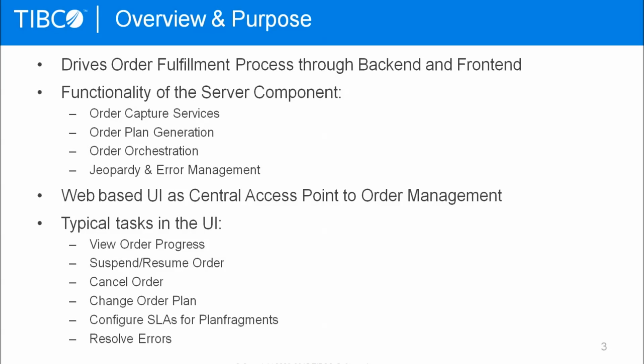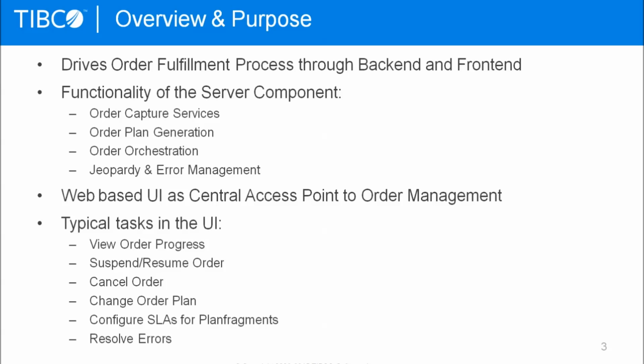The order fulfillment server drives the order fulfillment process through both backend functionality and frontend functionality. So the functionality of the backend is to provide services for the order capture process in form of pricing services, eligibility, and order validation.